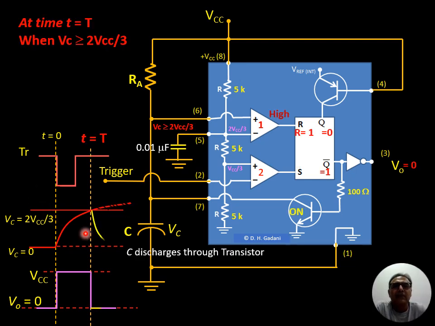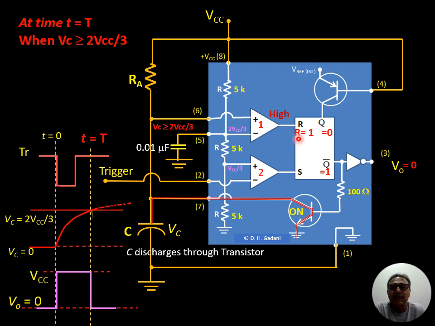As soon as the voltage across the capacitor just crosses to 2 VCC by 3, at that time the voltage at non-inverting terminal of comparator 1 becomes higher than the voltage at inverting terminal of comparator 1. Due to that, the output of comparator 1 becomes high.